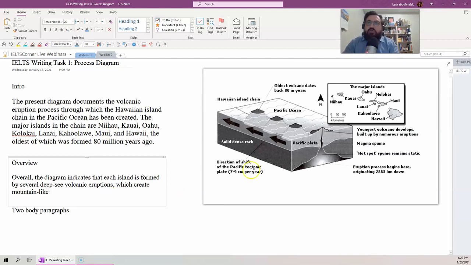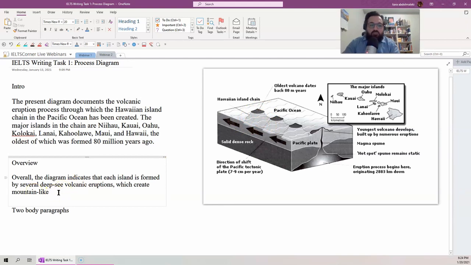So what do we call these that come out of the water, like that peek out of the surface of the water, right? Or not just out of the surface of the water, but if you look at the Pacific plate here, you'll see that every eruption creates a form, a shape that looks like a mountain, right?